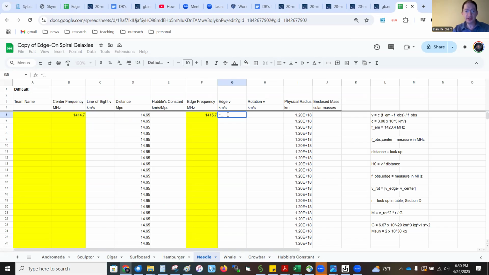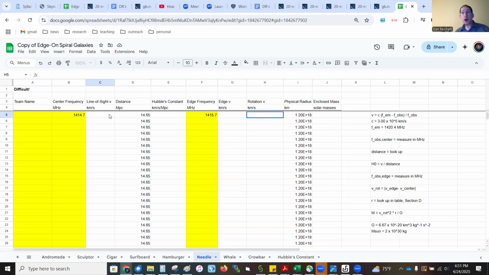I write the equation: speed of light, 3e5, times the emitted, 1420.4, right there, minus the observed, in this case the edge frequency, divided by the observed. And you have to have all the numbers in there, and something will pop in there for you. And that's the edge, and here's the velocity of the center. So the rotation velocity is the absolute value of the difference, the edge minus the center, and you'll get some value for how fast that galaxy is rotating.